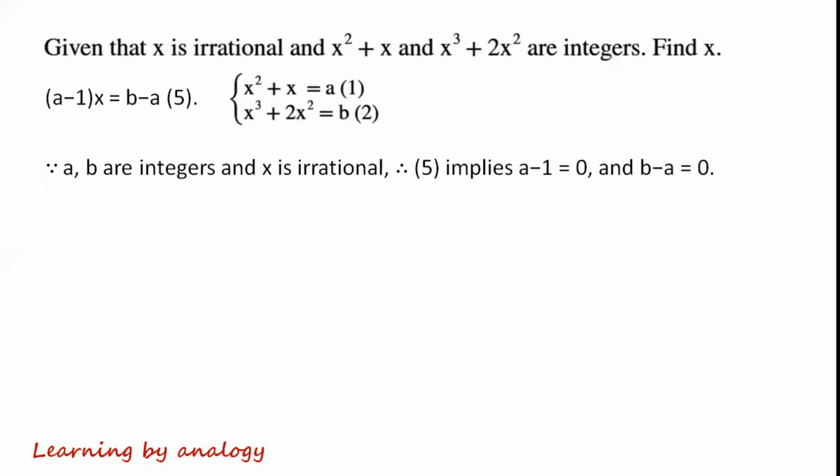Because a, b are integers and x is irrational, equation 5 implies a minus 1 equals 0 and b minus a equals 0. So a equals b equals 1.